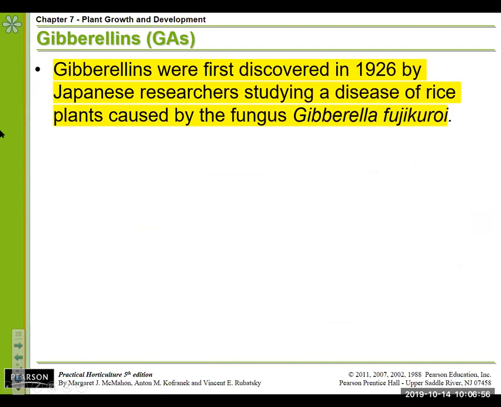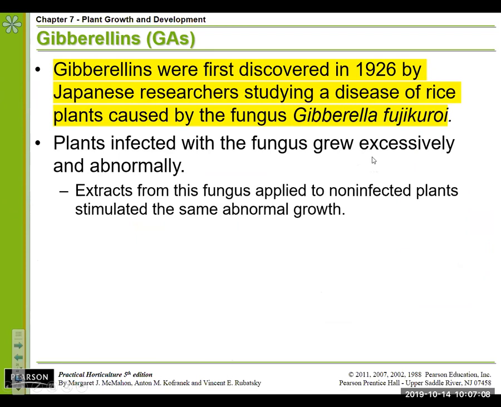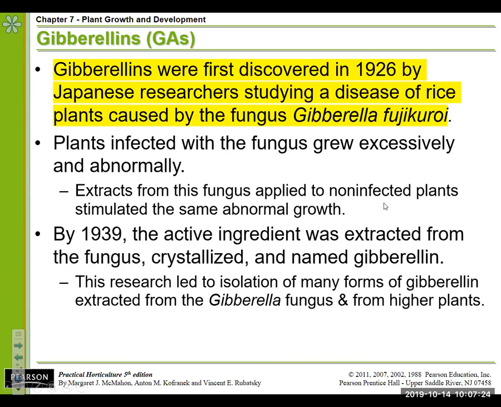Gibberellins were first discovered in 1926 when Japanese researchers were studying a rice disease that was caused by a fungus. They found that the plants infected with the fungus grew excessively and abnormally, and then they extracted some of these chemicals from the fungus and applied them to non-infected plants, which stimulated that same abnormal growth.